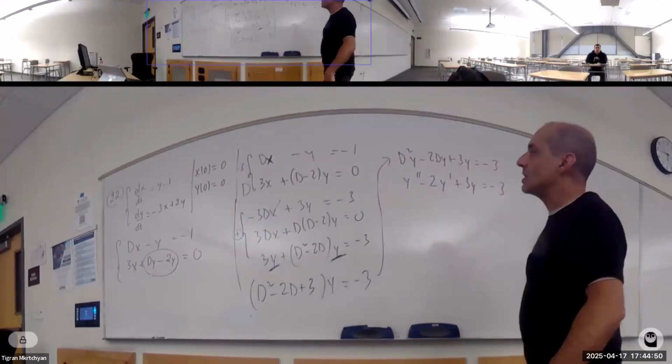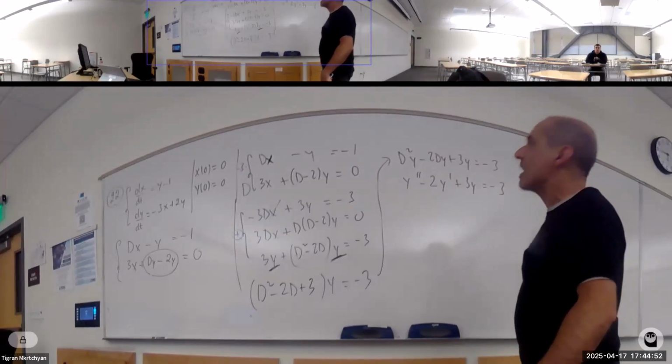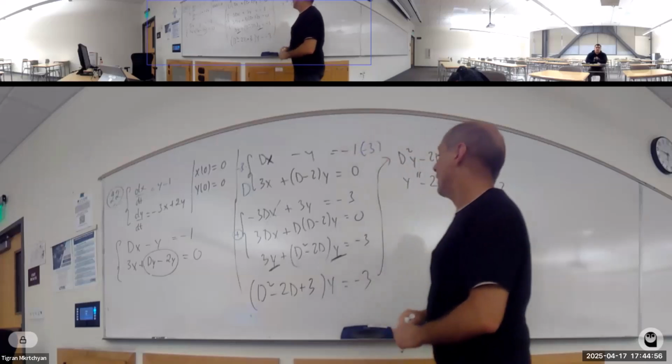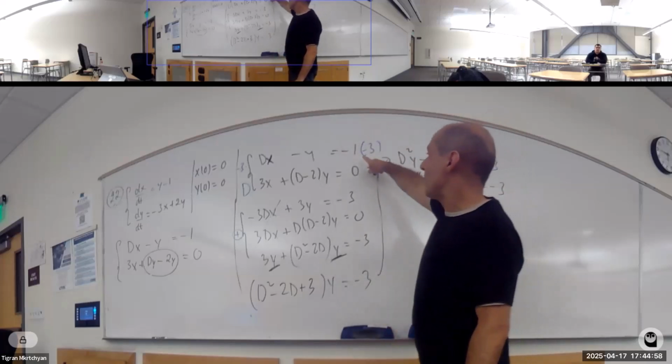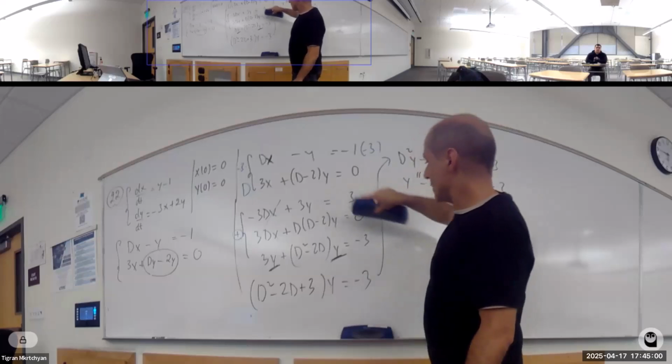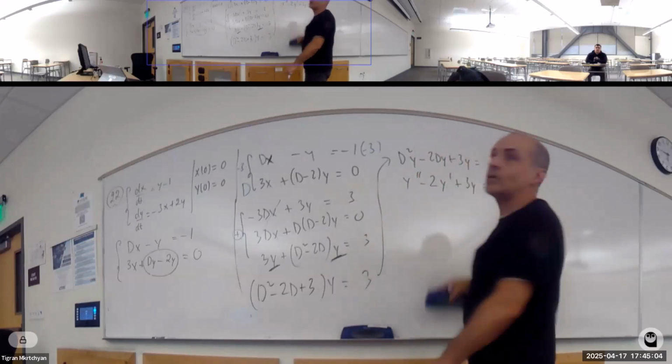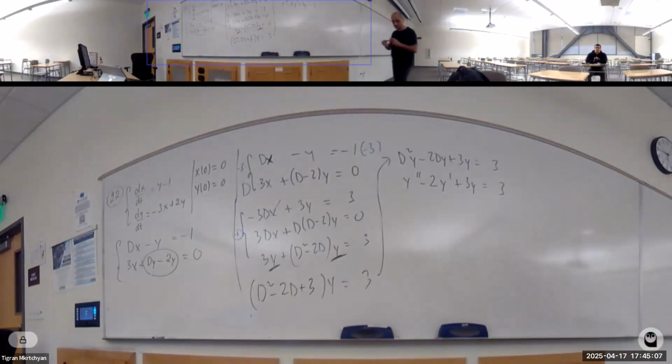Sorry, Professor, shouldn't that -3 be positive since you multiplied by -3? That is so right. That should be positive. Anything else?